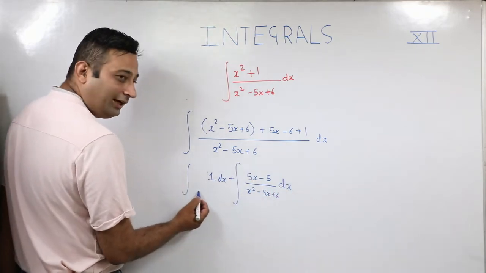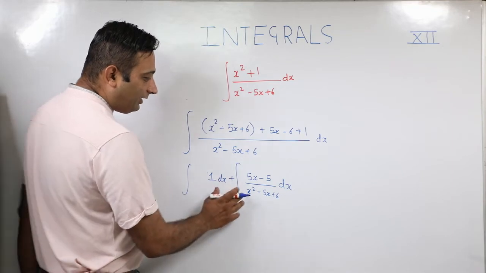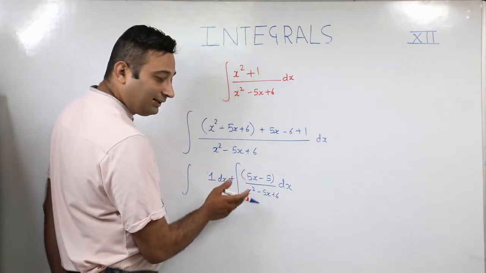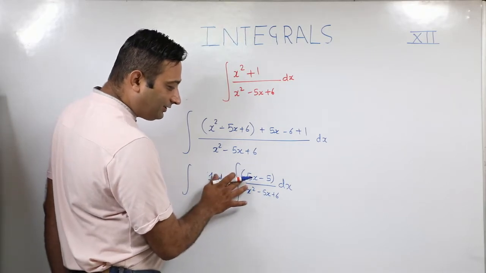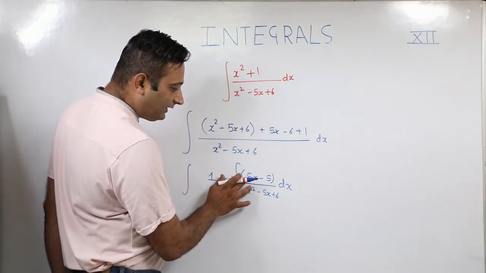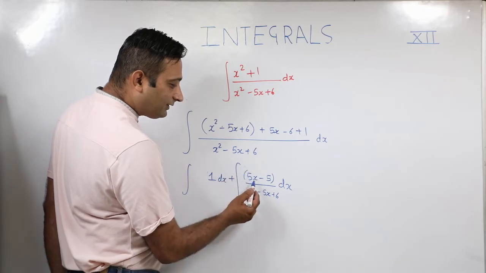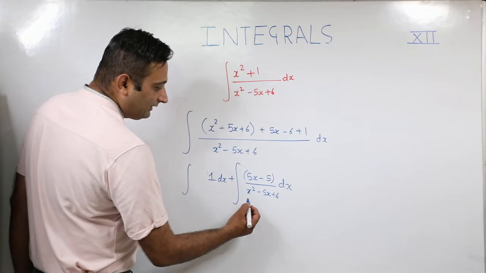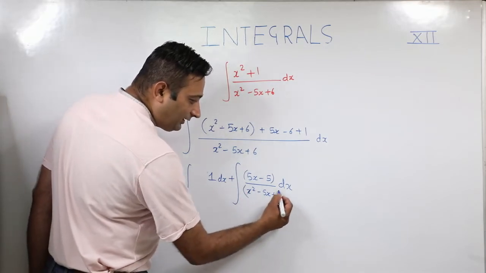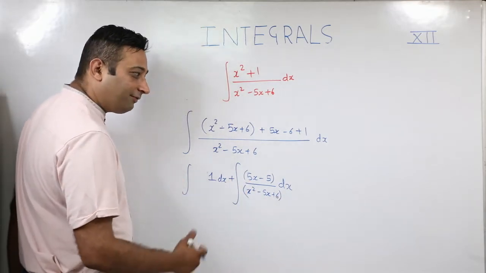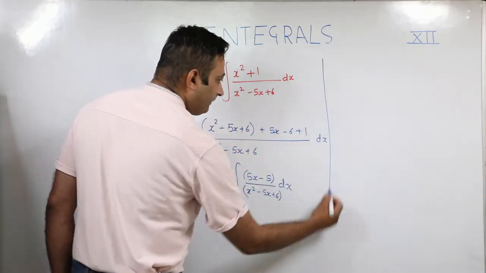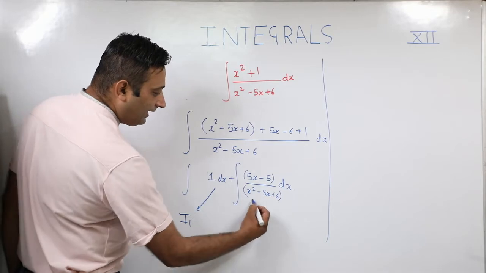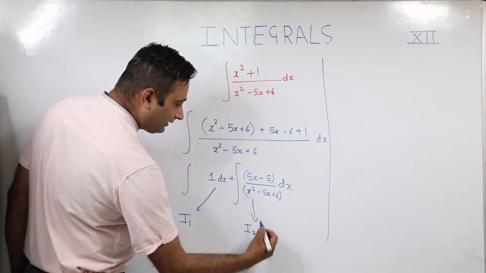One part is a constant integral and the second part is a rational function, numerator by denominator, where we can see that the degree of the numerator is less than the degree of the denominator, and the denominator is factorizable with different factors. Now, we will split this into 2 parts. One is integral 1, that is this part, and the other is integral 2, that is this one.